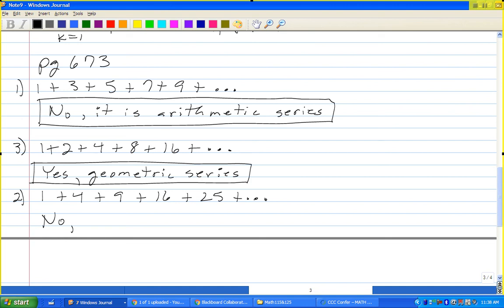But notice that this is 1 squared, 2 squared, 3 squared, 4 squared, 5 squared. So this is actually the sum of a whole bunch of squares. This is actually called a Riemann zeta function.